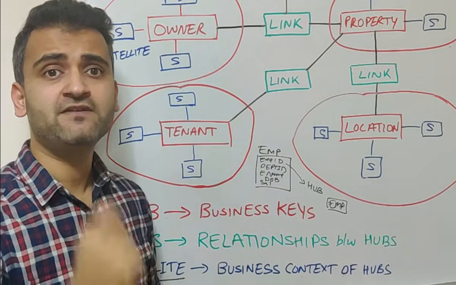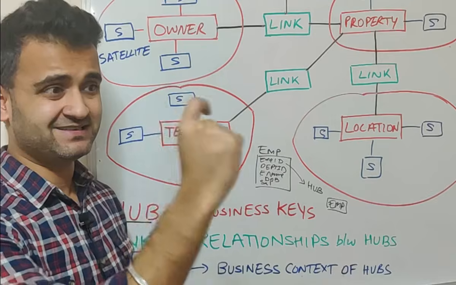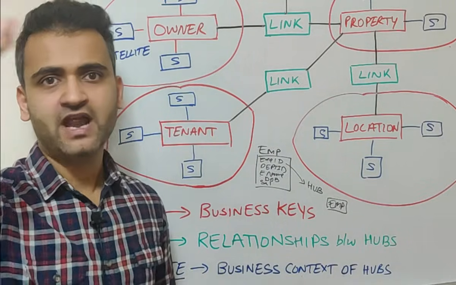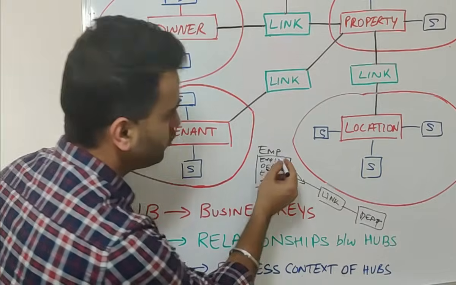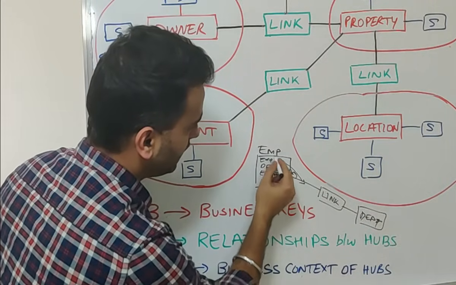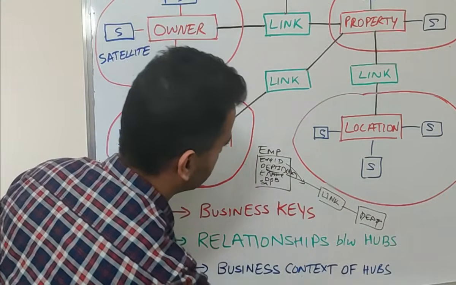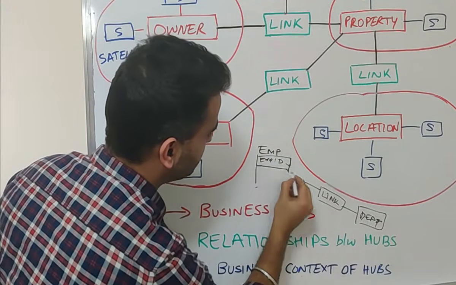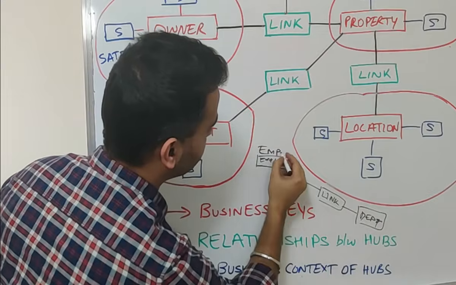That's why your employee ID will become your hub, which acts as a central focal point of your whole data vault, and similarly you will identify different hubs. Just remove everything from here. So this has become your hub, and you can call it the employee hub.